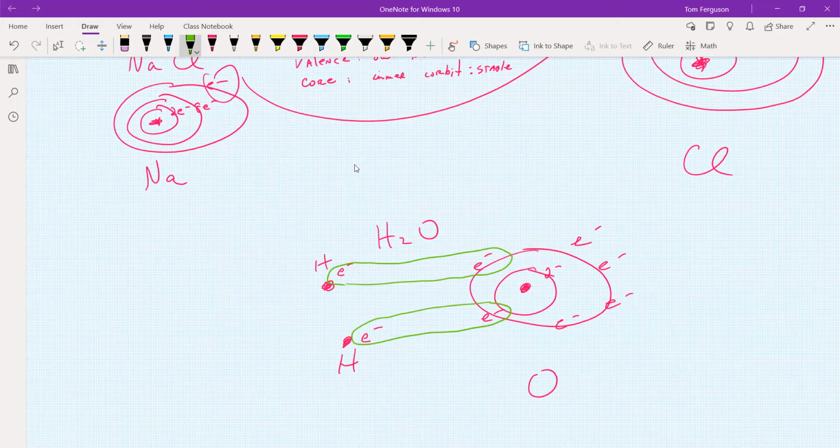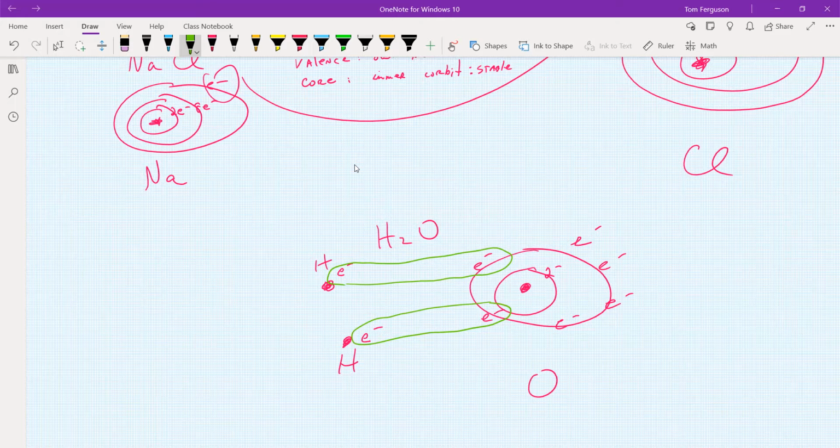Okay, so anyway, this is a covalent bond. We're sharing electrons. Now, the question with covalent bonds is, is this an equal sharing or an unequal sharing? Most of the time, it's unequal sharing. It's still shared, but it's not equal. What I mean by that is oxygen has a higher electronegativity than hydrogen.